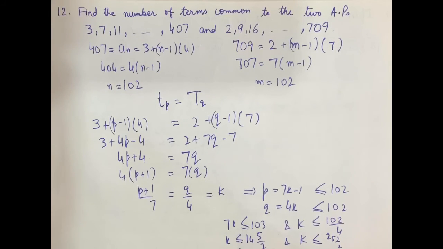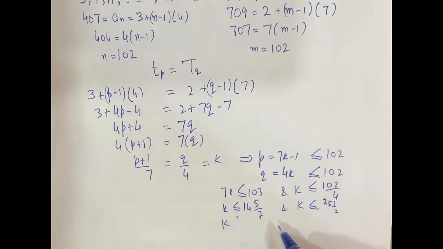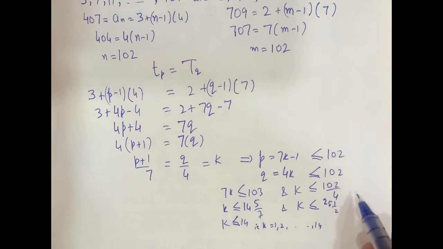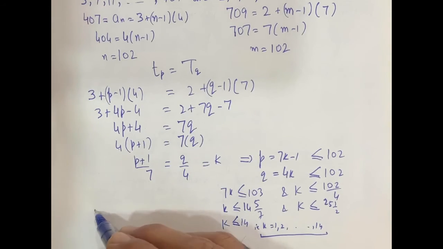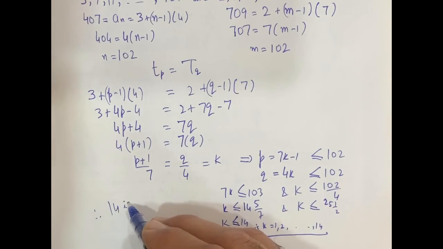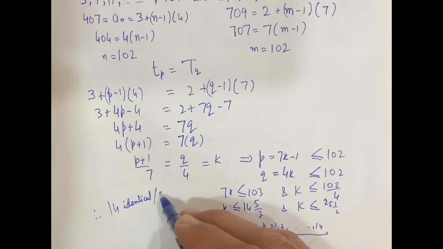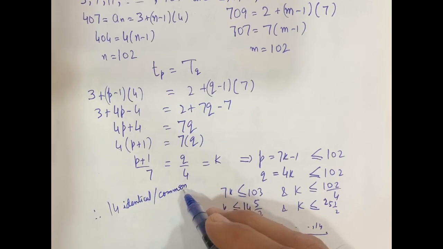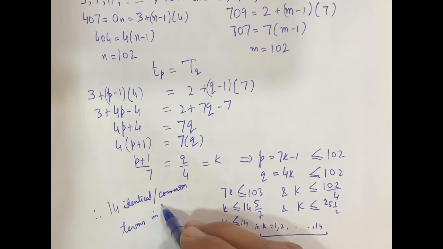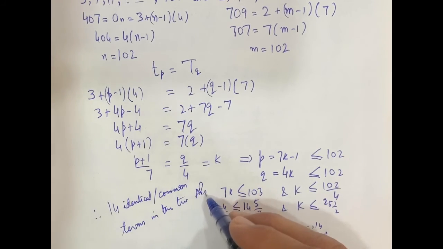So this means k is less than or equal to 14, and that is k is equal to 1, 2, 3, 4 up to 14. And the second one gives us k less than or equal to 25. So the common of the two is this part. So that means there are 14 identical or common terms in the two APs. This is your answer.